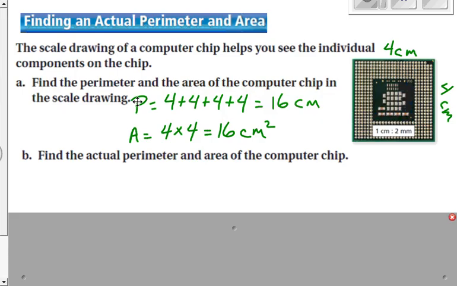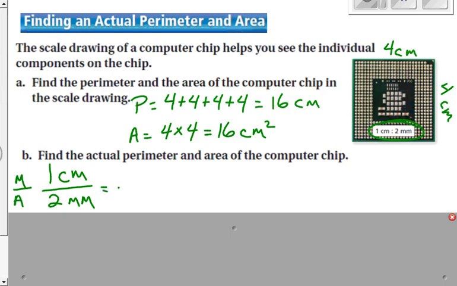Now, for the actual perimeter and area of the computer chip, we have to convert it. If you look on the actual problem itself, it says 1 centimeter is equal to 2 millimeters. So there's our first part of our proportion. And if you remember, the top is the model and the bottom's the actual.